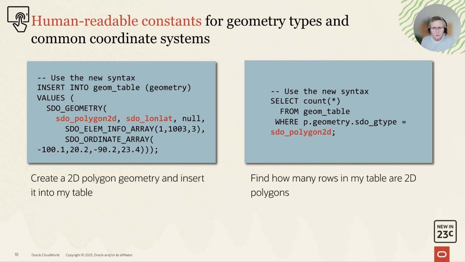You've just seen how to create point geometries using their coordinate values. Now, you can still create geometries specifying all 5 parameters of the SDO_GEOMETRY data type, but instead of numeric codes for the geometry type, which is the first parameter, and the ID of the coordinate reference system as a second parameter, you can now use human-readable constants such as SDO_POLYGON2D, SDO_LINESTRING3D, or SDO_LONLAT and SDO_WEBMERCATOR.